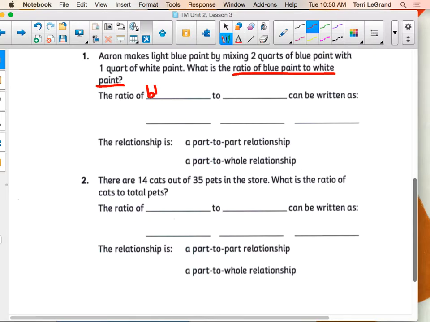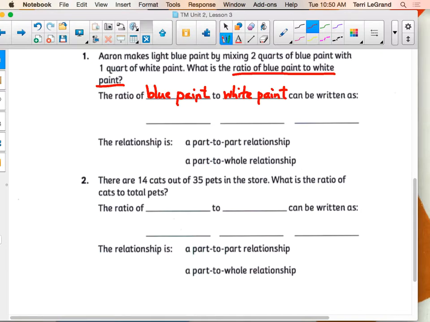The ratio of blue paint to white paint, not red. I don't know where red came from, it's the color of my pen. Blue and red would not make light blue. What color would it make? Purple. Okay. Blue paint to white paint, order matters.